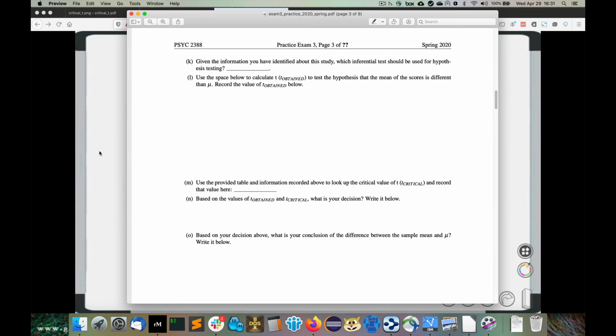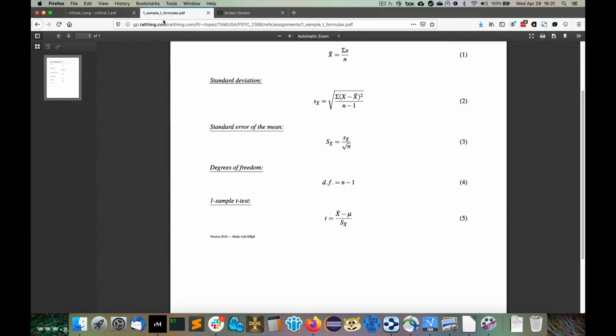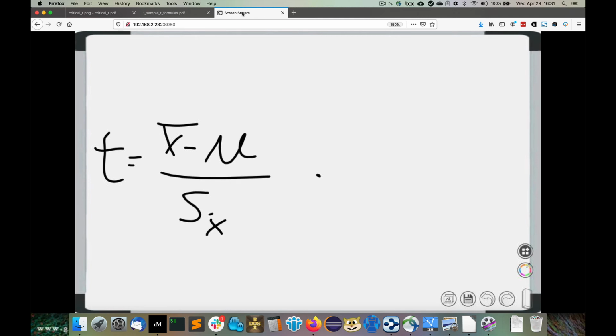Okay. So if we go to our handy-dandy formula, it's right here. The one sample t-test is t is equal to x bar minus mu divided by the standard error of the mean, which is right there. Okay. So let's go back here. So t is equal to x bar minus mu divided by the standard error of the mean.